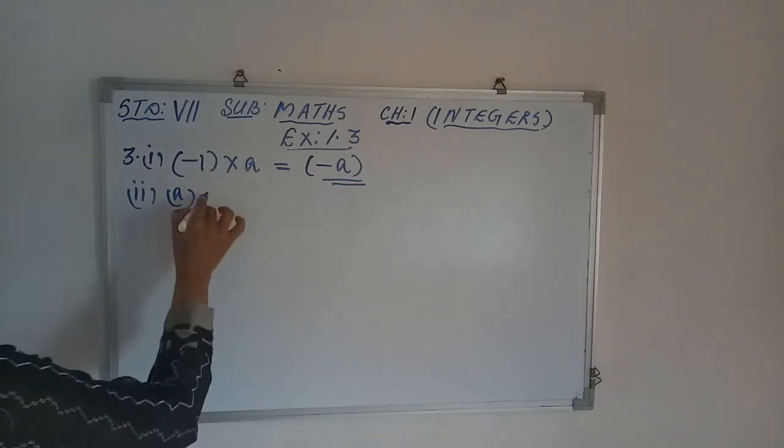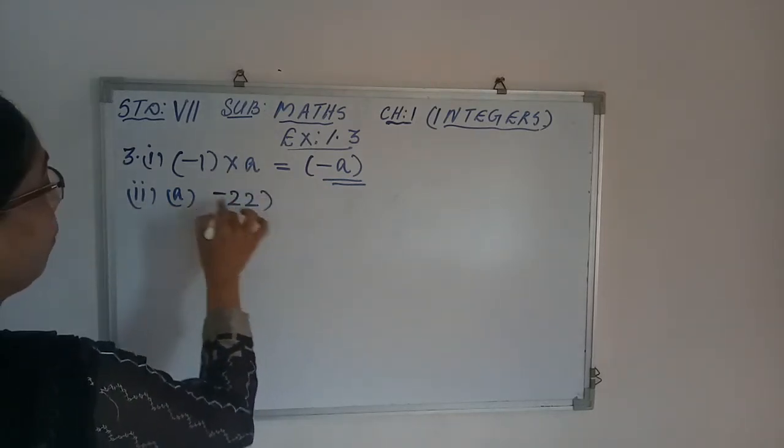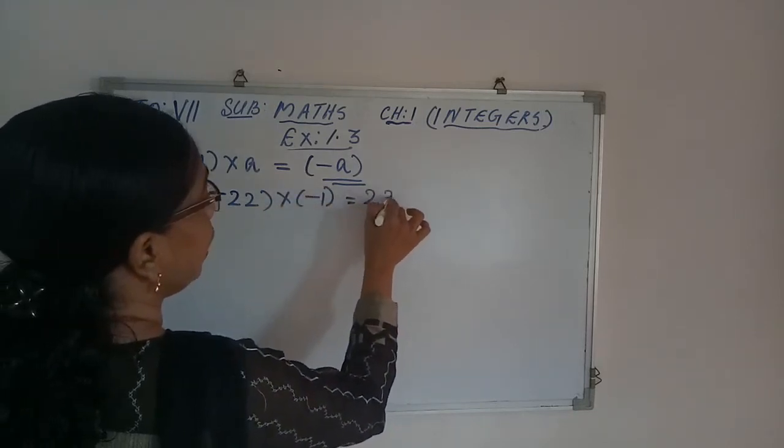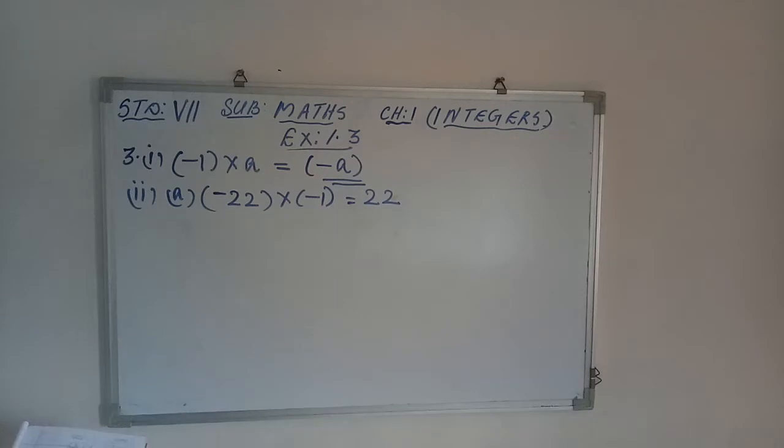So here, minus 22 multiplied by minus 1 will give you 22. So what will be the answer then?